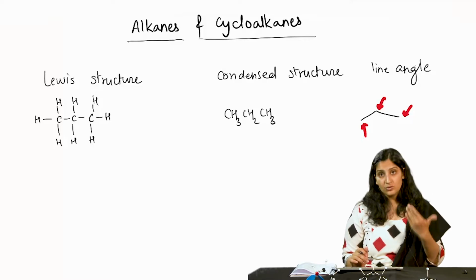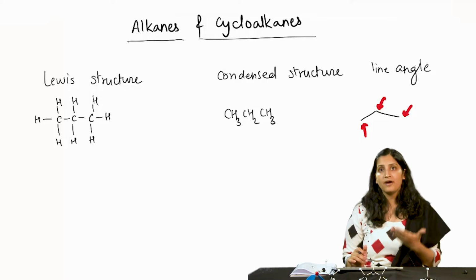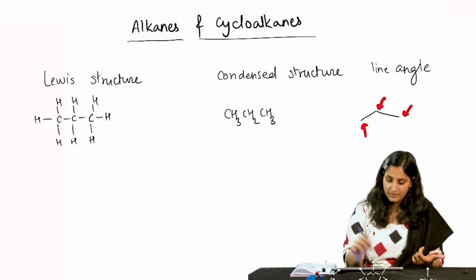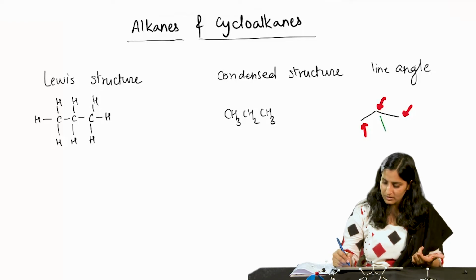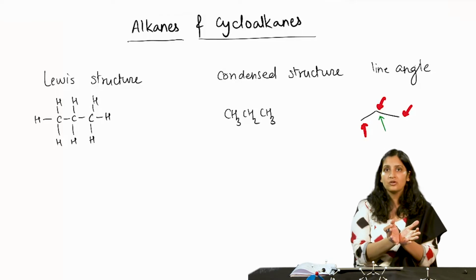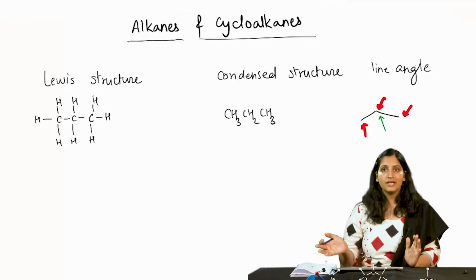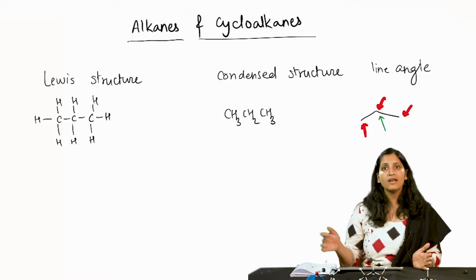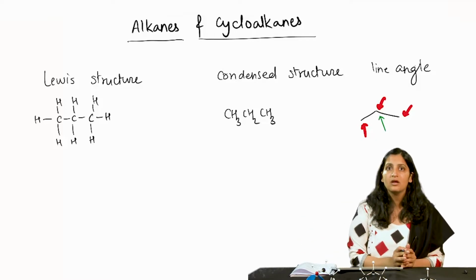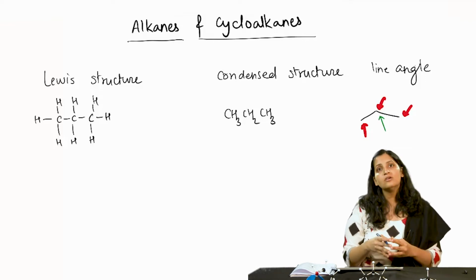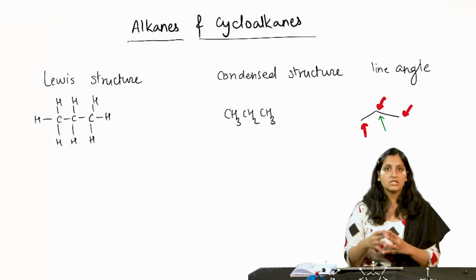Very often you assume that that many hydrogens are present as per the carbon that is forming the bonds. So, for example, in this case the middle carbon here is forming 2 bonds with other 2 carbons. So, it will have 2 hydrogens on it, whereas the terminal carbons are only forming 1 bond. So, they will have 3 hydrogens attached to them. So, we assume that the number of hydrogens present fulfills the valency of each carbon.